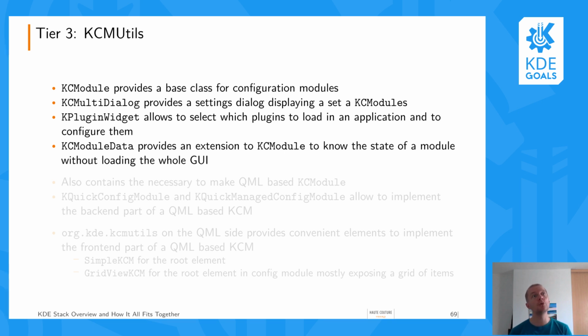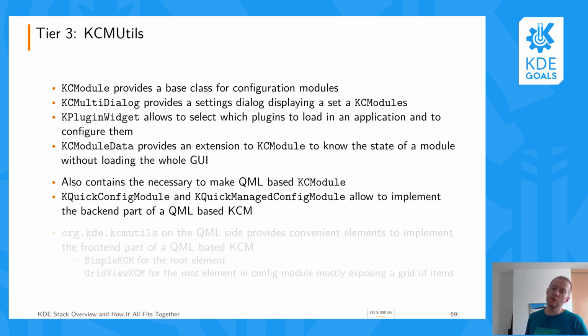That's a system we introduced to have the feature in system settings to highlight all the modules which are not at the default values. We go through the KCModuleData, but if we had to load the whole GUI and so on to get to the information, that would be too expensive. So that's a good way to have the information cheaply.